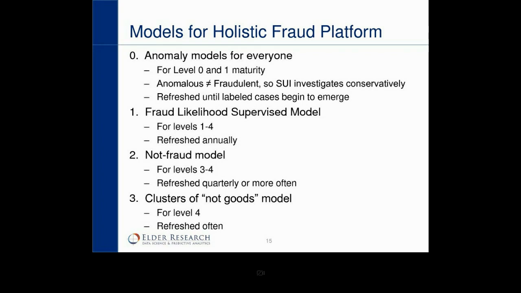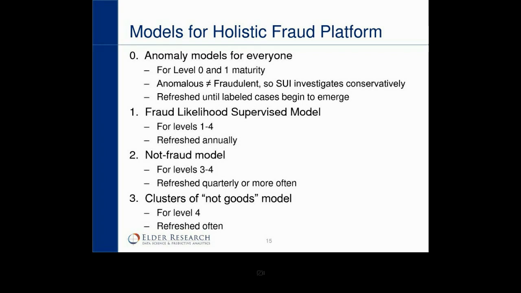And this kind of a model, an anomaly detection model, across all of your cases would be refreshed over and over again until you begin to acquire labeled cases where you have investigated, you know which ones weren't fraud, which ones were fraud among those that you investigated, and then you can proceed to the next step, which is a fraud likelihood supervised model.